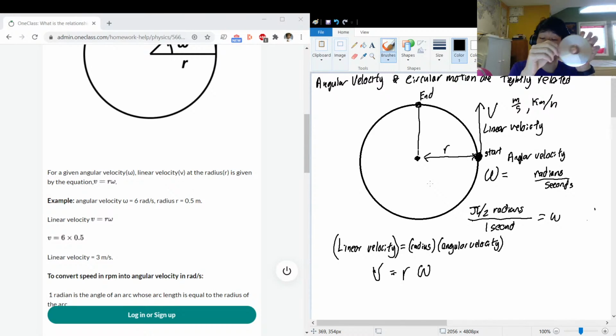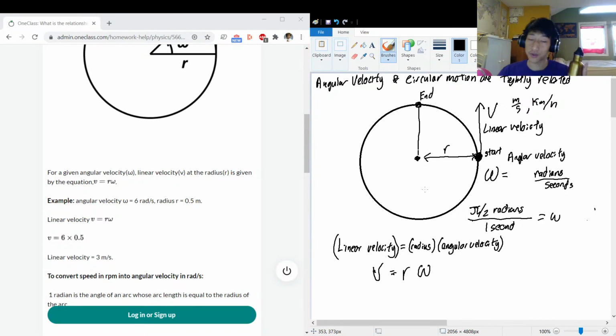But if you have the same angular velocity going 1 whole revolution around, but you have a smaller circular thing, like the base of my water bottle, this has a smaller radius than the CD. It also has a smaller circumference. So if the radius is bigger, the linear velocity is also bigger if we have the same angular velocity.